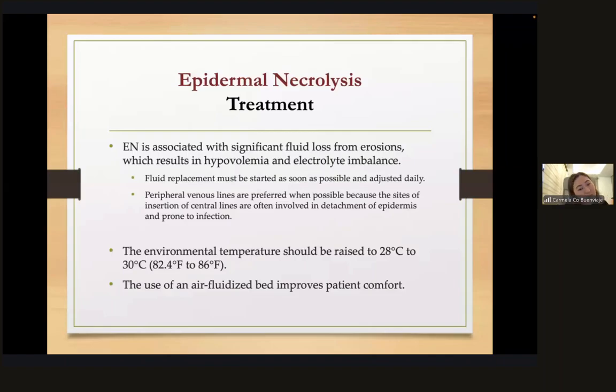The environmental temperature for these patients should be raised to 28 to 30 degrees Celsius because they usually have a problem with thermoregulation because of their lack of epidermis. The use of an air fluidized bed improves patient comfort if available.